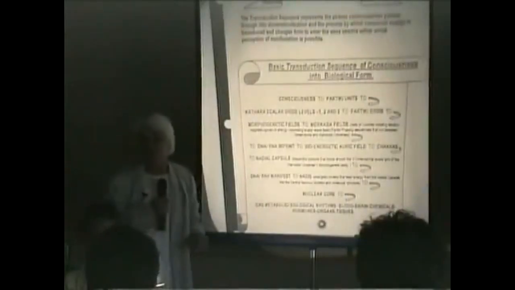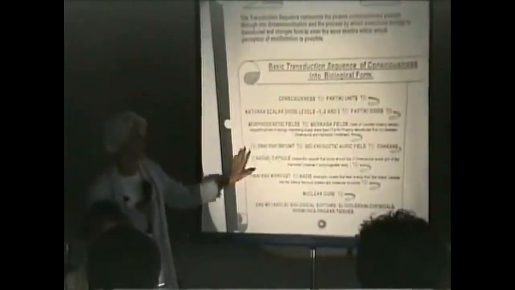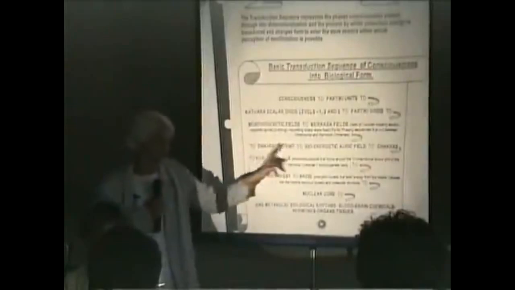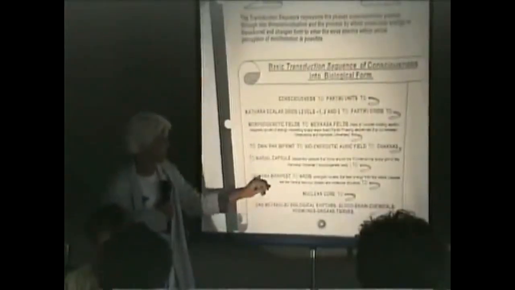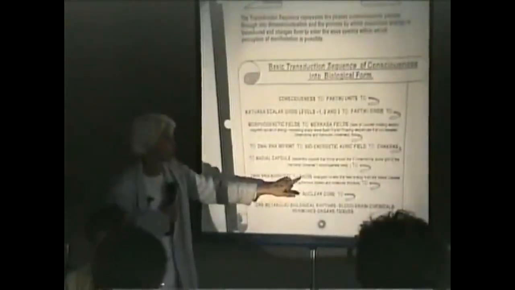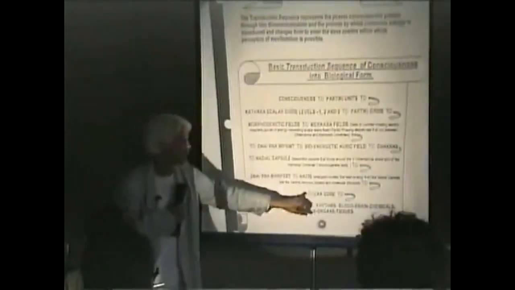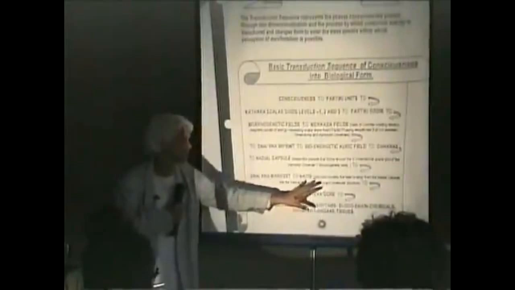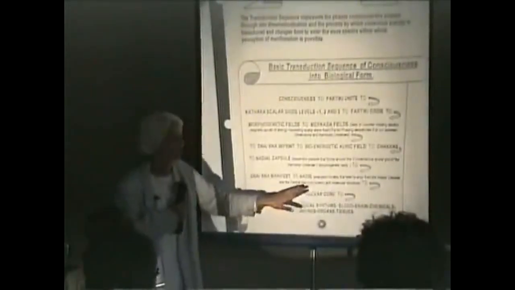We'll talk about those when we get into the new information tomorrow at the end of Cathara, Introduction to Cathara Level 2. Because this transduction sequence was just a basic way to show you how some of the parts fit together to bring those currents from non-manifest into manifest, because that goes from the nadial capsule into the manifest DNA RNA, and it goes into something called natus rivulets, which have to do with the nadial capsule, and they go into the nuclear core, and this is where you'd have quarks and things that build up to subatomic particles, to atomic particles, into nuclei.